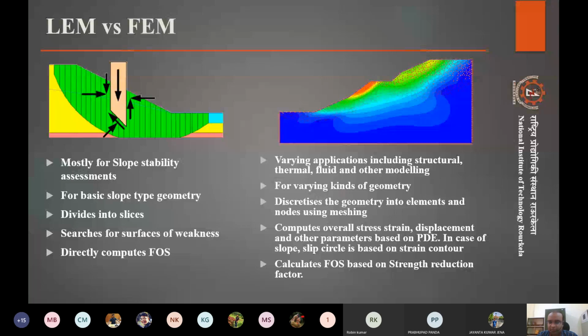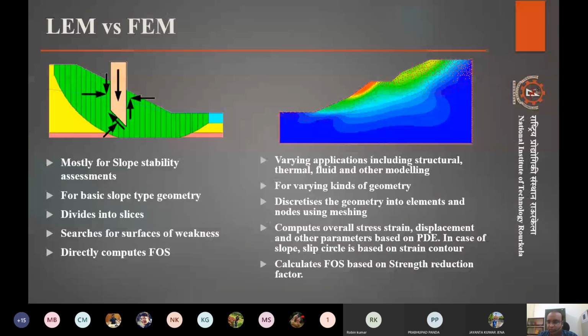In the limit equilibrium method, we had to actually define that it is a slope, what kind of slope it is, which direction it is oriented, and so on. For the finite element method, it is not basically looking for slopes. It is generally calculating whatever we wanted to calculate.